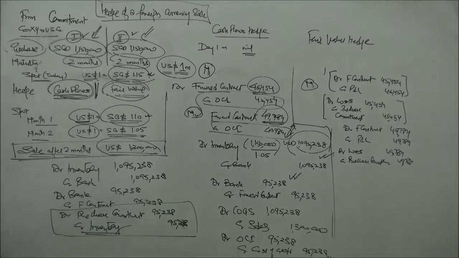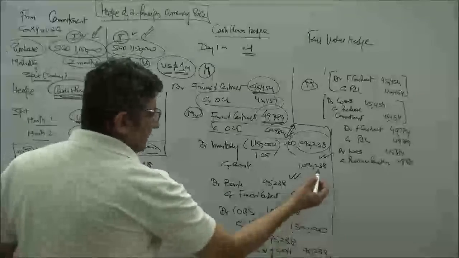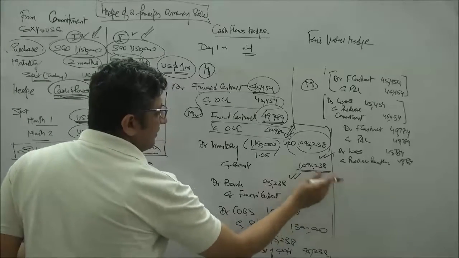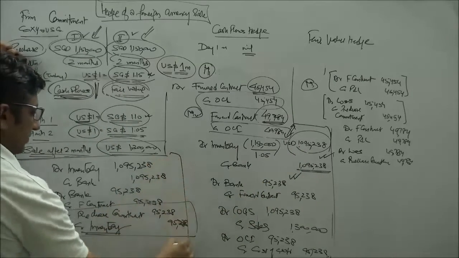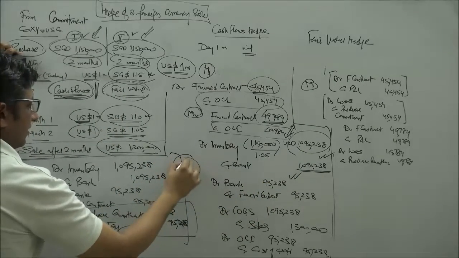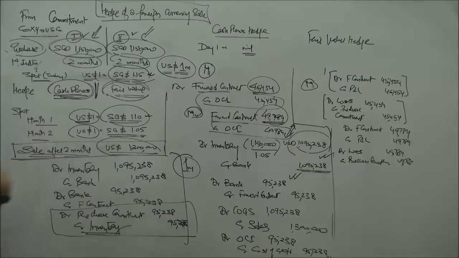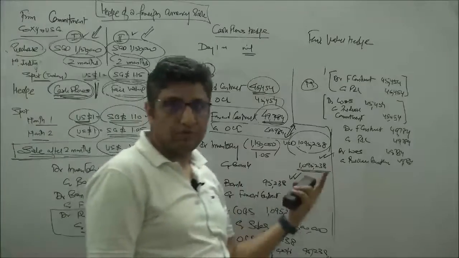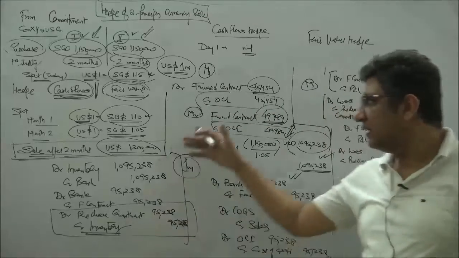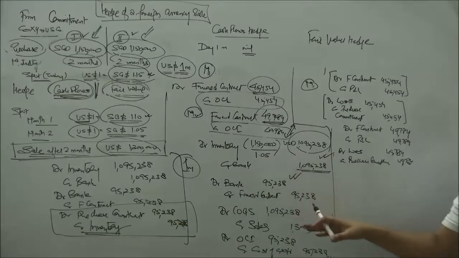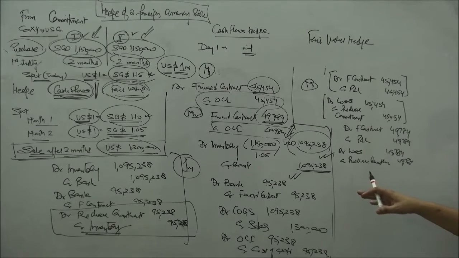Now here what you observe is, while at this stage my inventory still sits at 1095238, here my inventory value is coming at 1 million. So that is one clear impact that you observe when you look at cash flow hedge versus a fair value hedge. After this the life is simple.